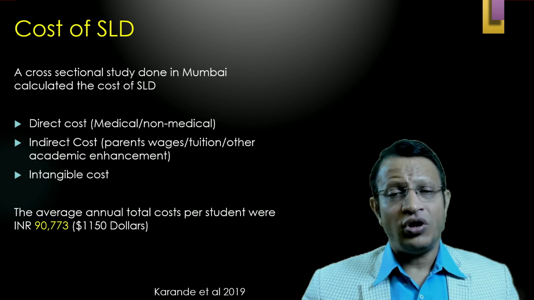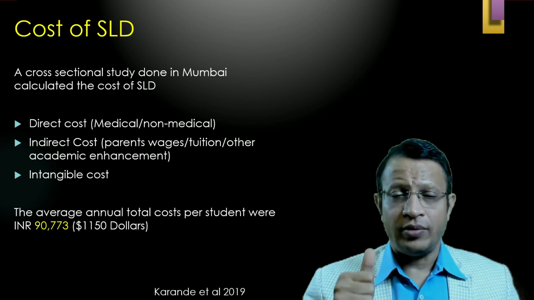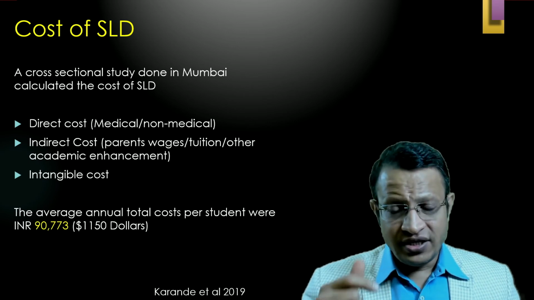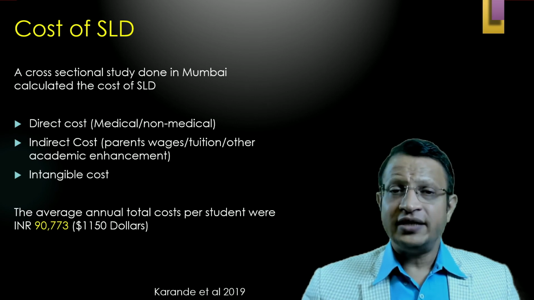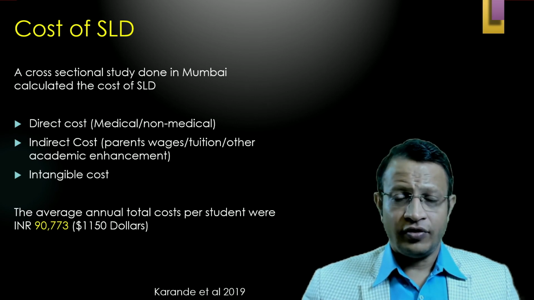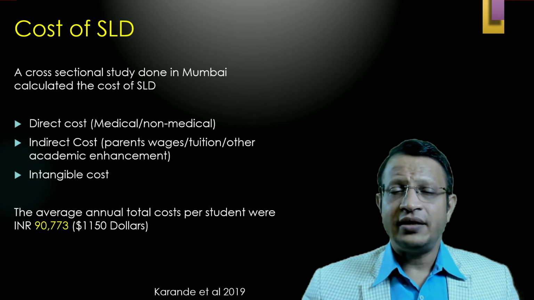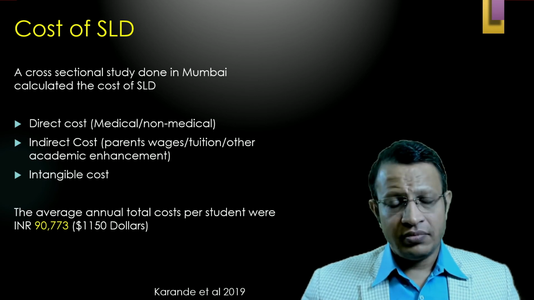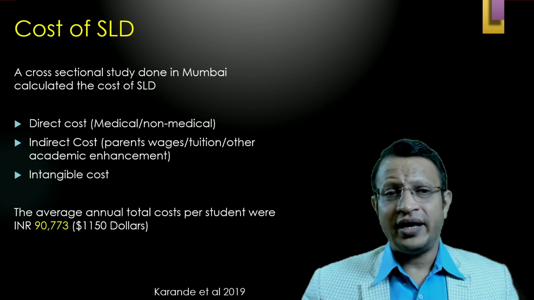They divided the cost into direct cost, which includes both medical and non-medical cost, and indirect cost: the wages the parents lose for not going to the job, taking the child to the child guidance clinic, going to the school, sending the child for tuition, or buying some digital technology to train the child. They are considered indirect cost.